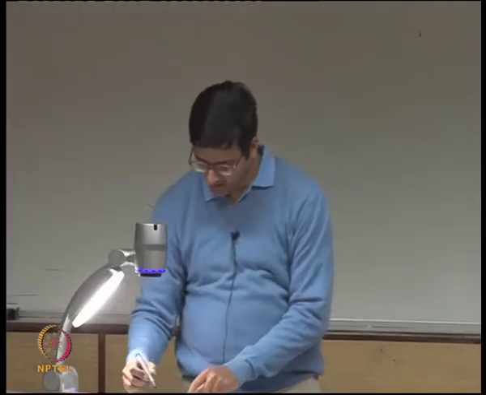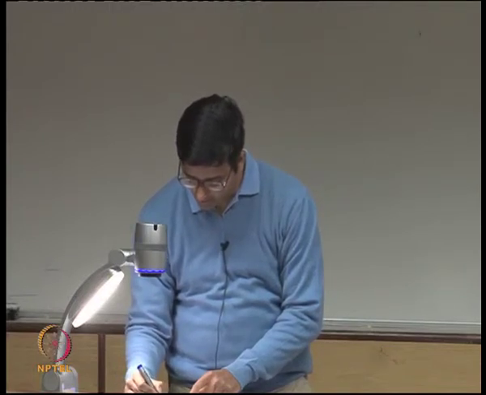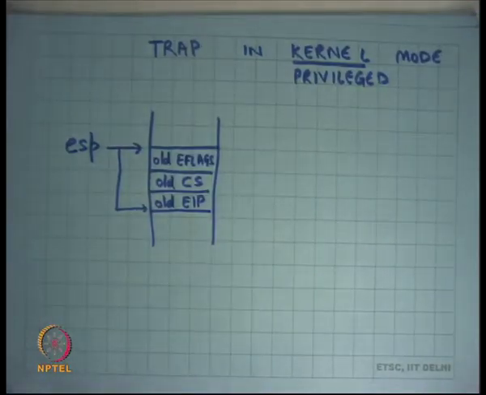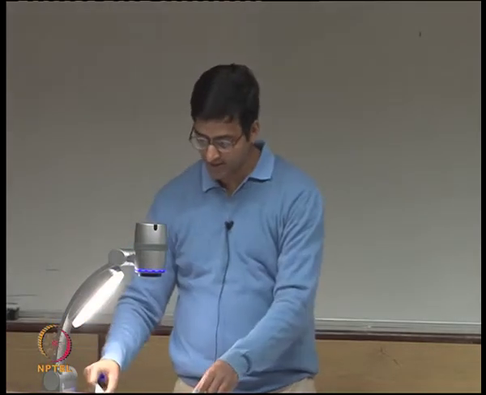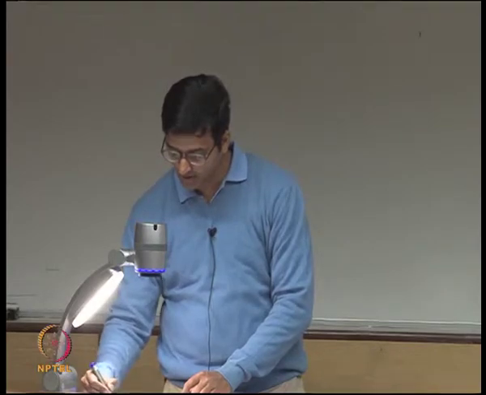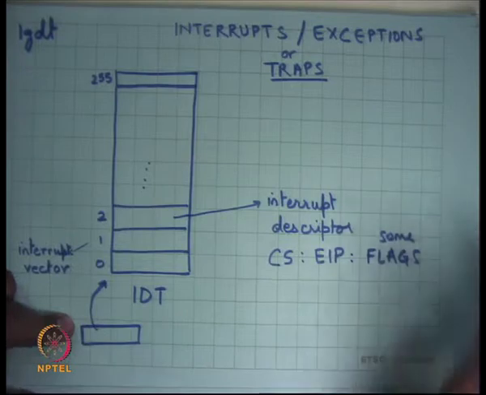Okay. Another matter of detail, apart from CS and EIP, it also stores old EFLAGS, right? So the interrupt descriptor table entry could also potentially contain the flags register or certain flags, and when the interrupt actually starts to run, the semantics are that you're going to replace not just CS and EIP, you're also going to replace some flags, right?